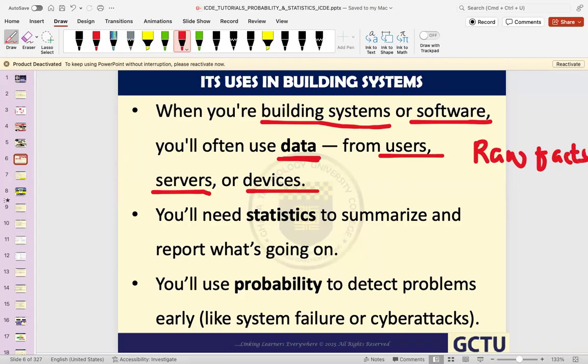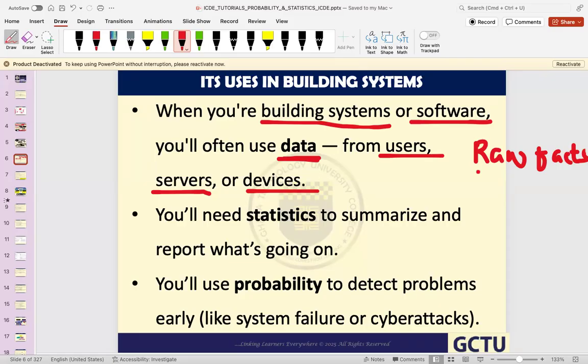Data are raw facts. Okay. Now, how do you then work on these raw facts? We'll use what we are talking about today.